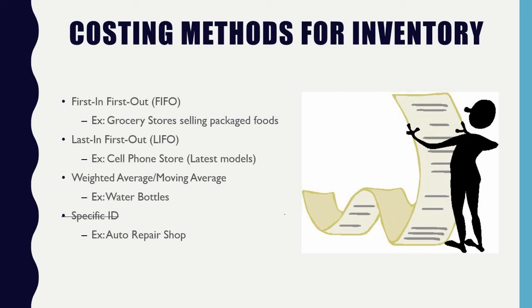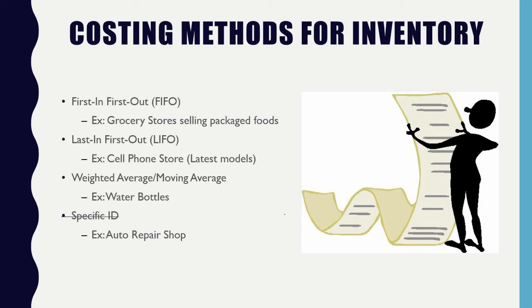First in, first out, FIFO for short, is typically used when you sell things like groceries, because groceries do not have a long lasting shelf life. Things like fresh produce or fresh meats, you should usually be selling in batches on the date that you purchase them.